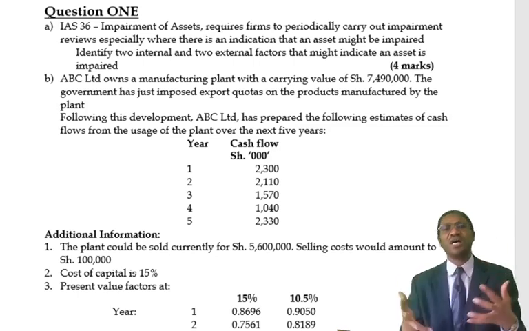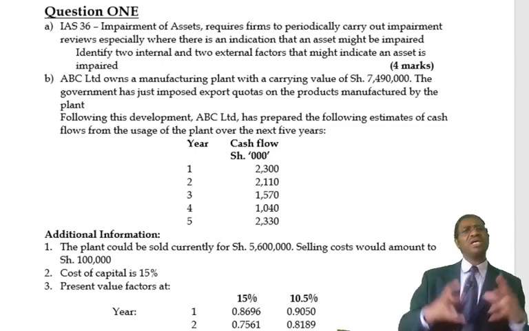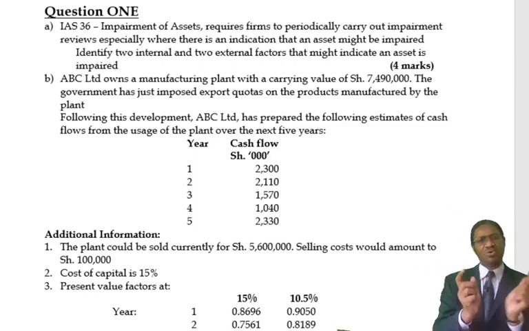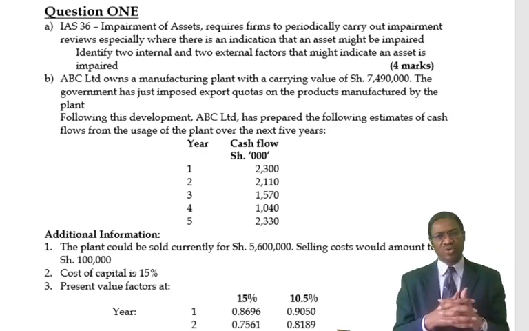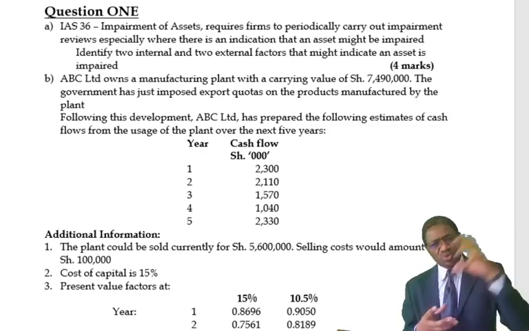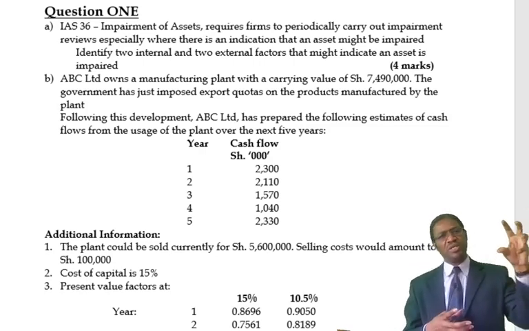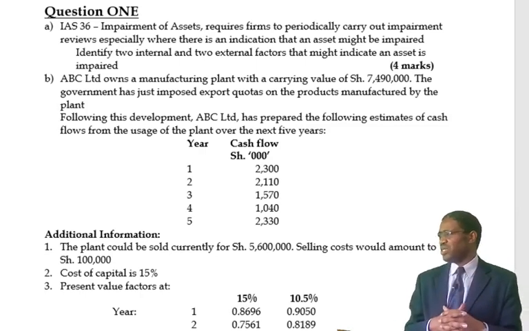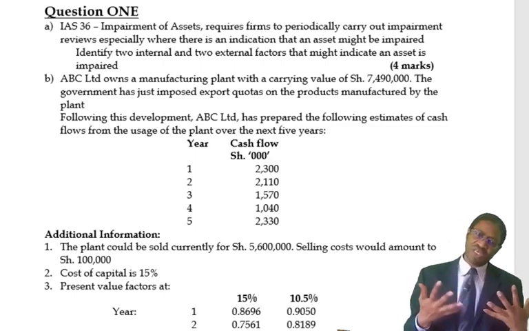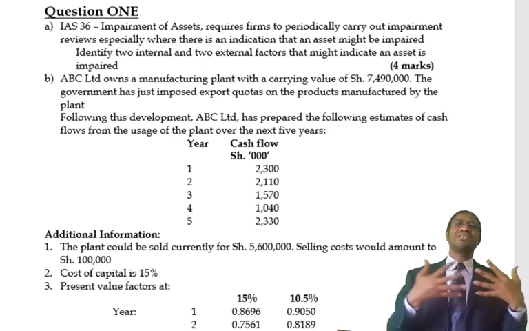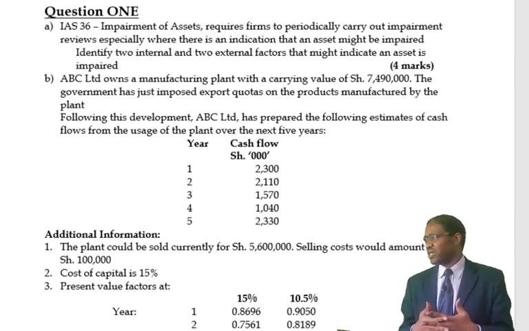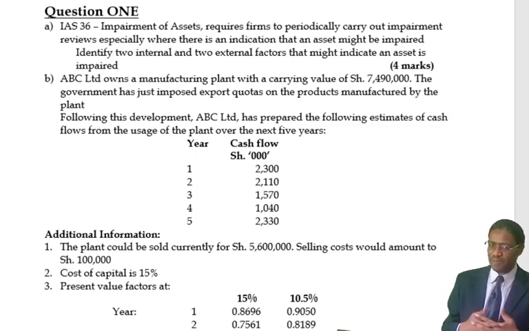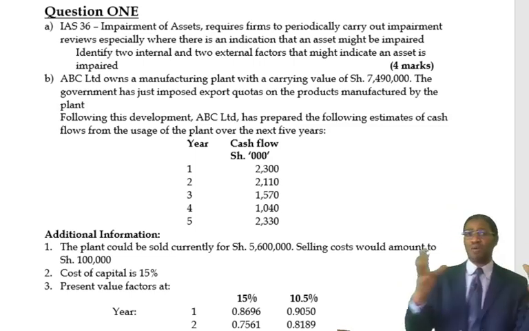So that is an internal indicator. Anything happening outside of your company, but you feel that which has happened outside your company could affect the value of your asset, that will be considered as an external factor or indicator. So that is something we shall have to come through.